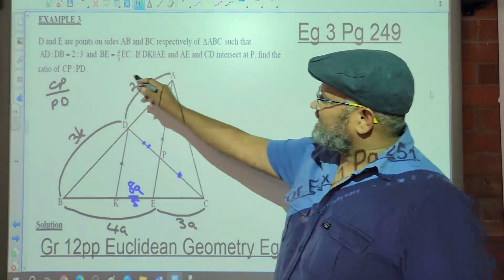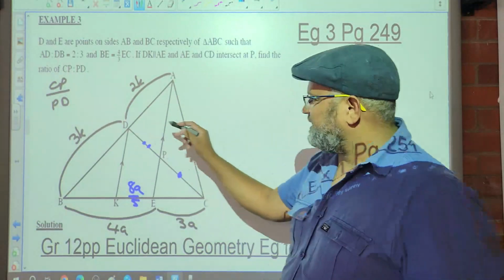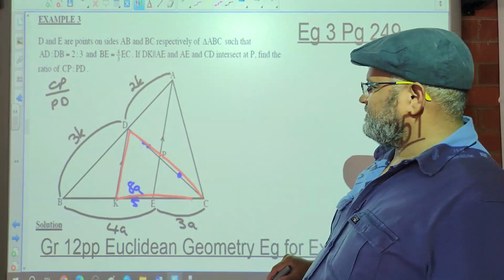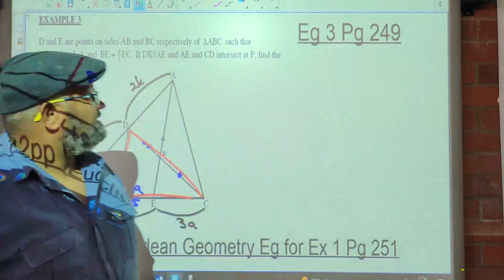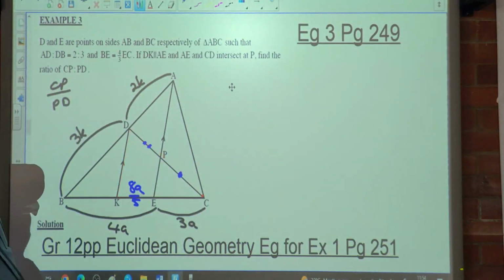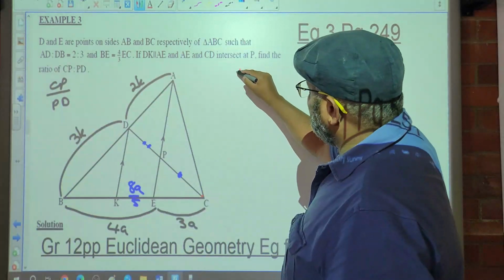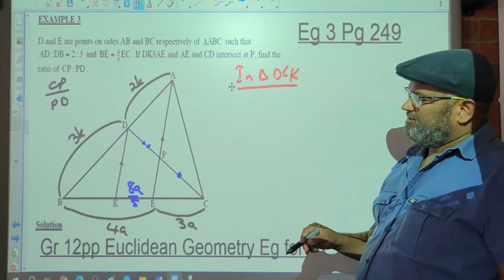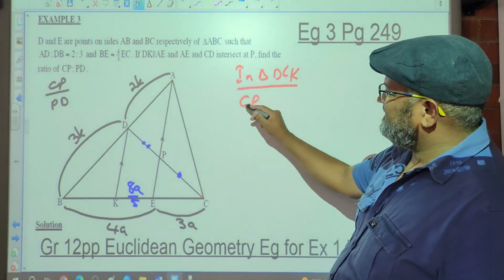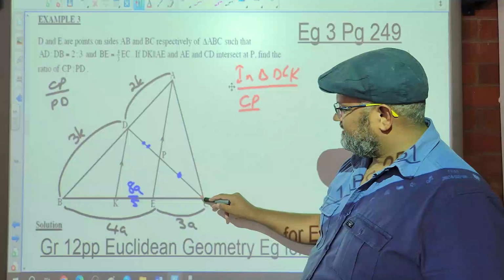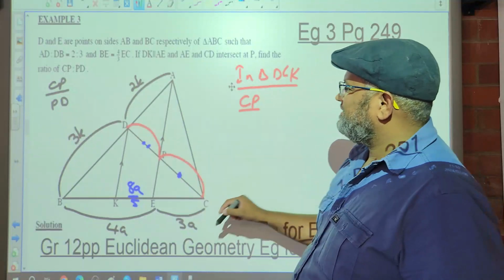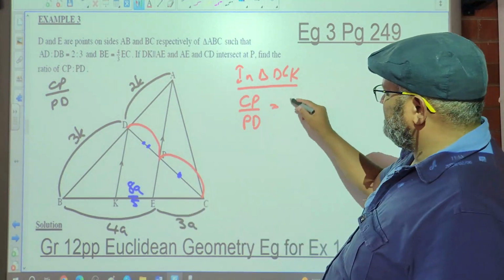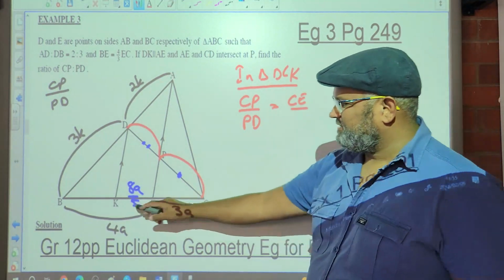Right. So now we can work with this one here, not so? In this triangle, you can work with that triangle now. So what do you have? In triangle DCK, what can we say? CP over PD is equal to CE over EK.